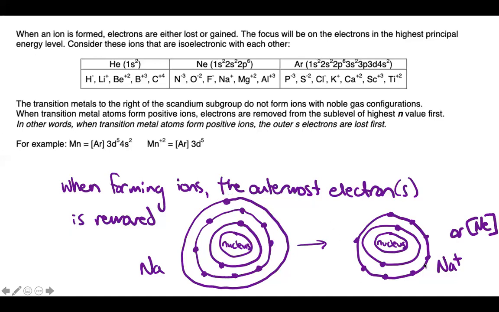That gets removed to form sodium plus. The loss of that electron is what gives sodium a positive charge. I could also represent this as the square bracket neon, because that's the electron configuration for neon. So if I lost an electron to form sodium plus, it would have the same electron configuration as neon.